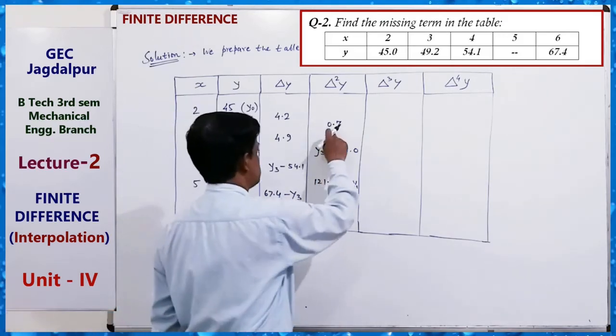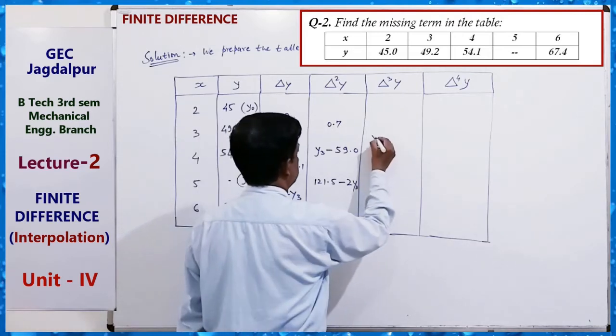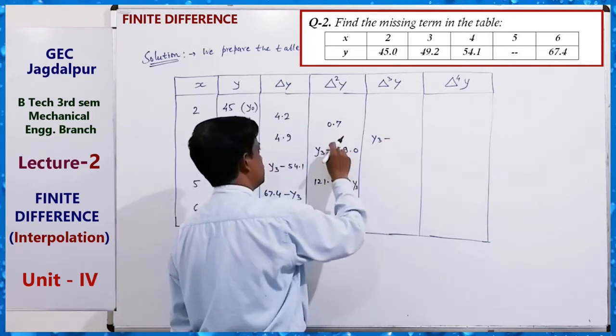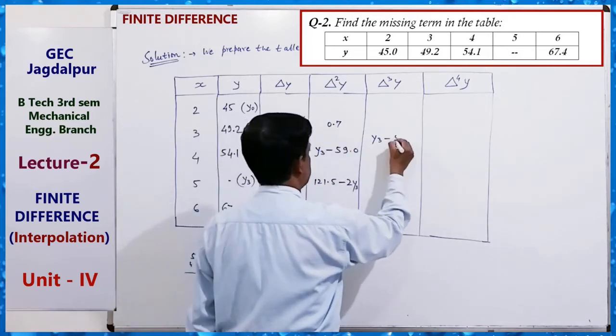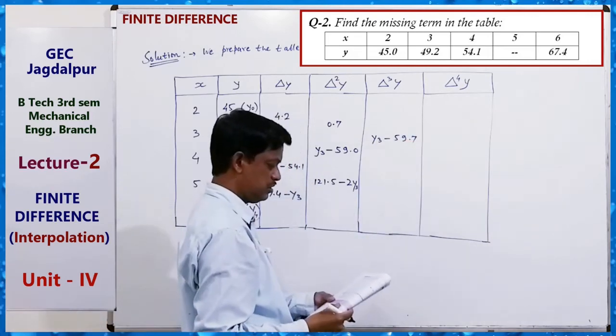Now this minus this means minus y3 minus the previous one, and the difference is 59.7.